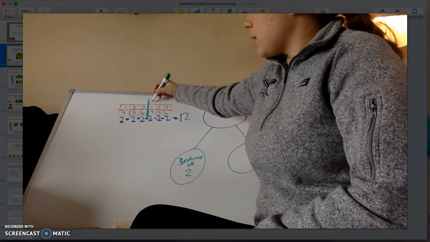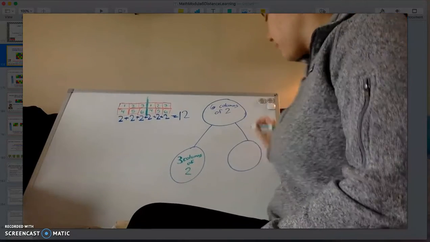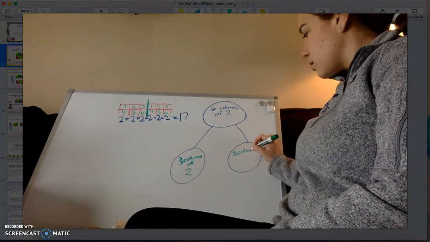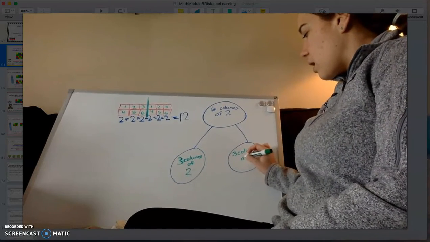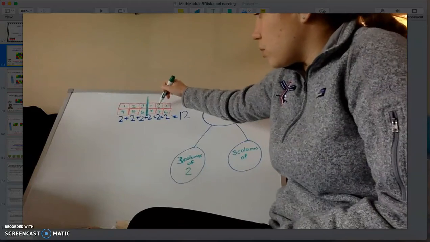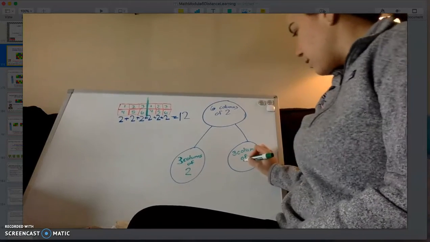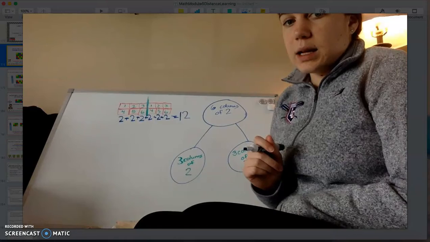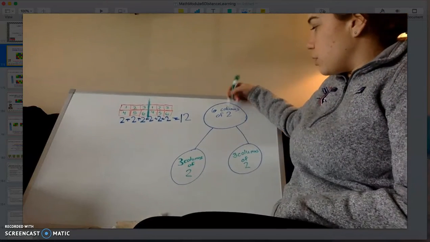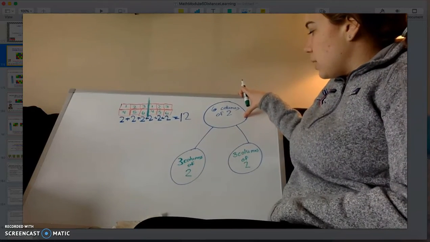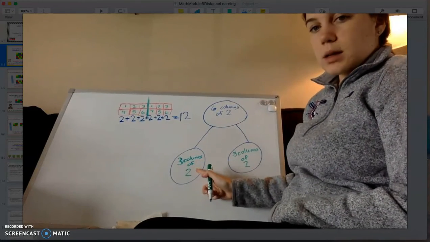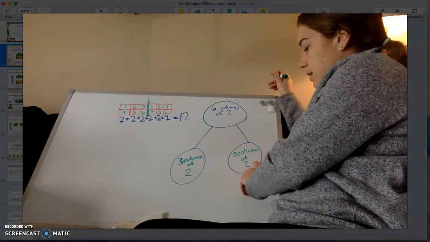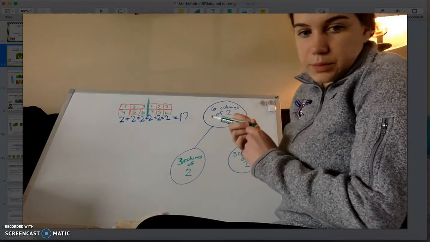Let's look at this one. 1, 2, 3, 3 columns of 2. So when I broke up my rectangle that had 6 columns of 2, I broke it into 2 equal groups, and I got one rectangle that's 3 columns of 2, and another rectangle that's 3 columns of 2.